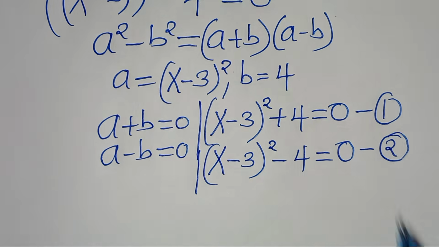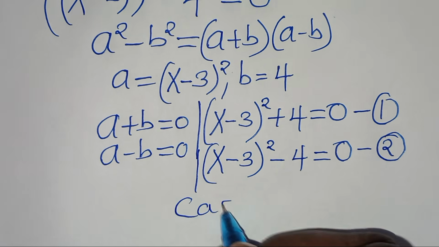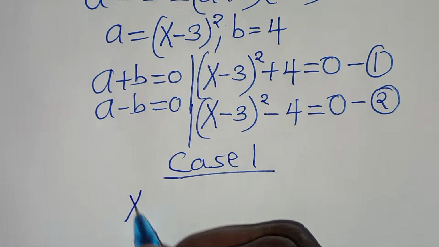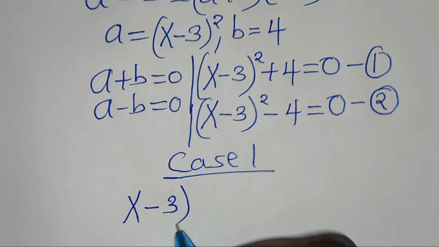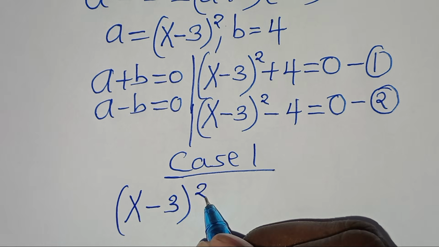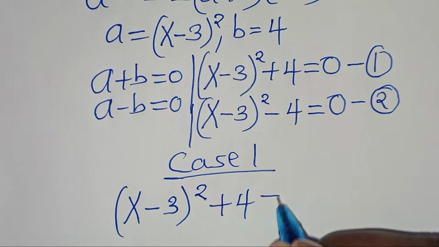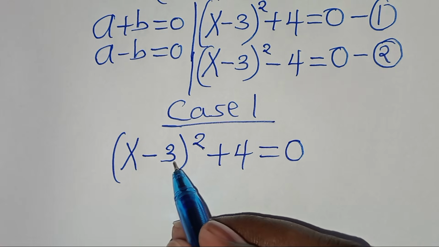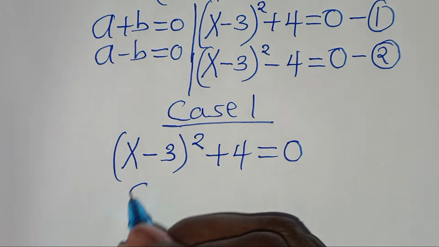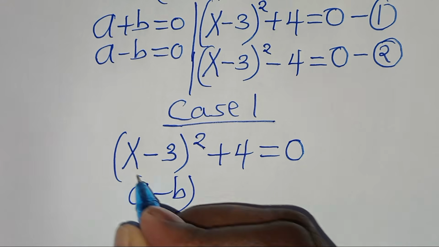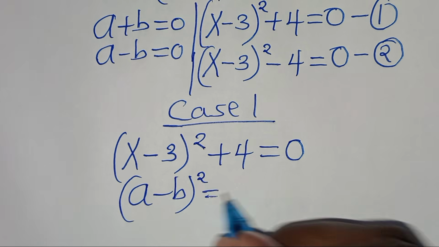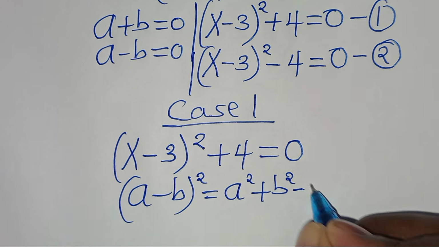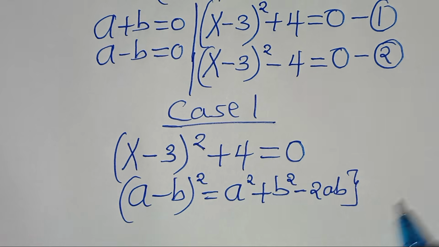Now, let's commence with case 1, so that we have (x minus 3) raised to the power of 2 plus 4 equal to 0. We have that (x minus 3) to the power of 2 is in the form of (a minus b) raised to the power of 2, which you can express as a to the power of 2 plus b to the power of 2 minus 2ab.